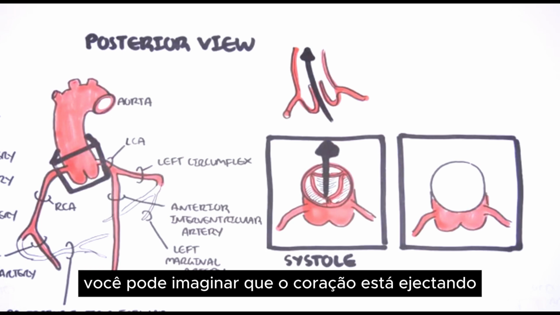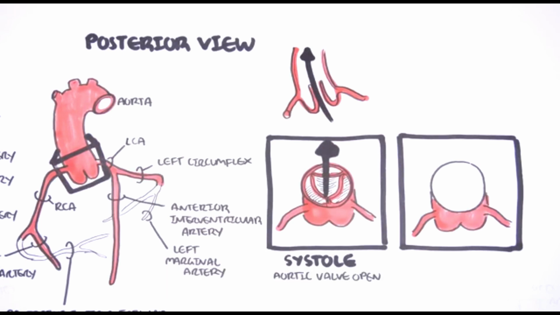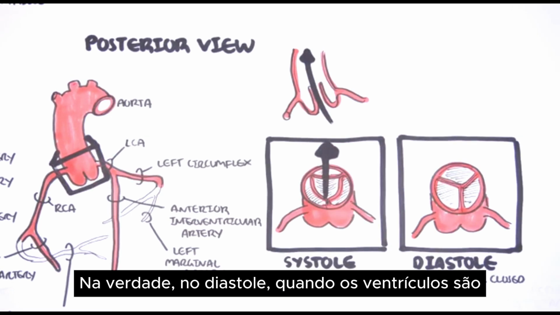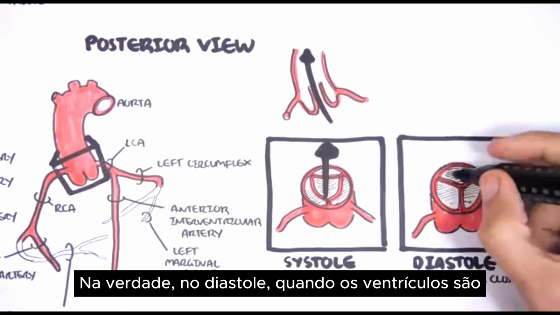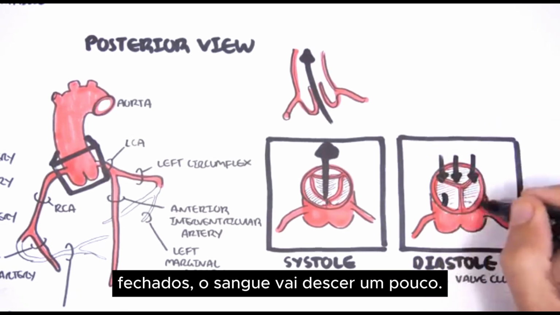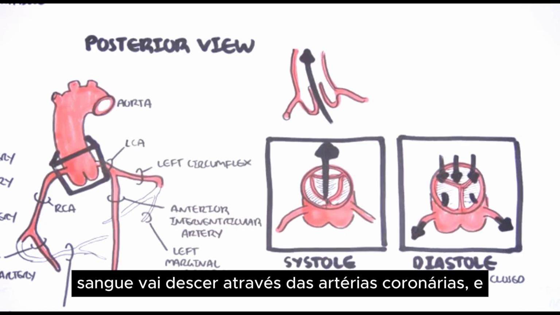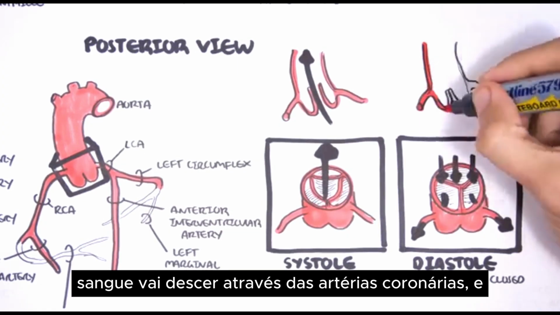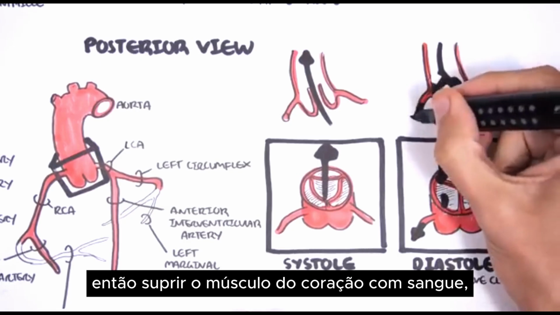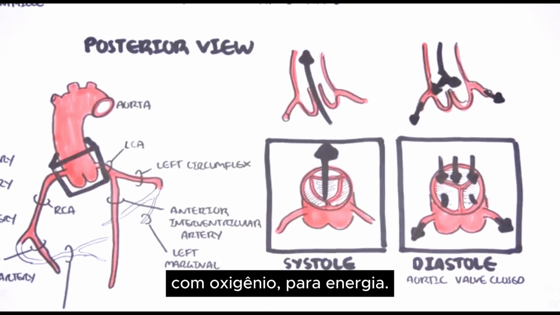It is actually in diastole, when the aortic valve is closed, that the blood will come down slightly, and this is the period where blood will flow down through the coronary arteries and then supply the heart muscle with blood, with oxygen for energy. I hope that concept made sense.